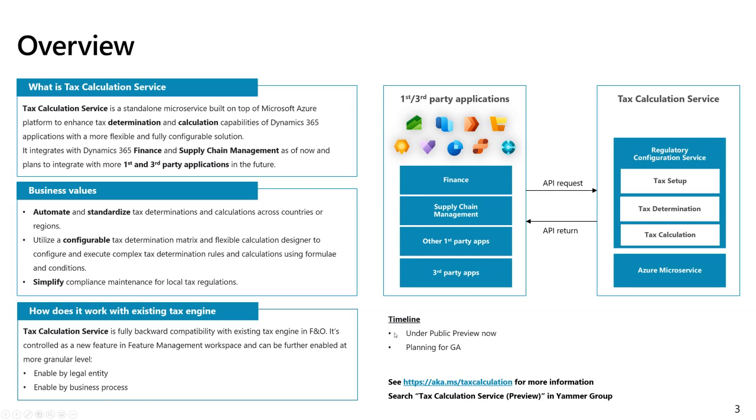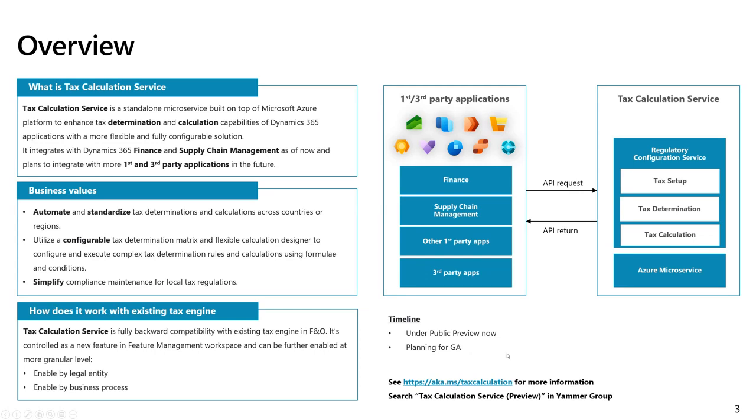About timeline, tax calculation service is under public preview now. You can visit this vanity URL, aka.ms/taxcalculation, for more information. We have the process for how to join the public preview in the document here, and you can contact us if you have interest. We are planning GA of tax calculation service in 2021 wave 2.